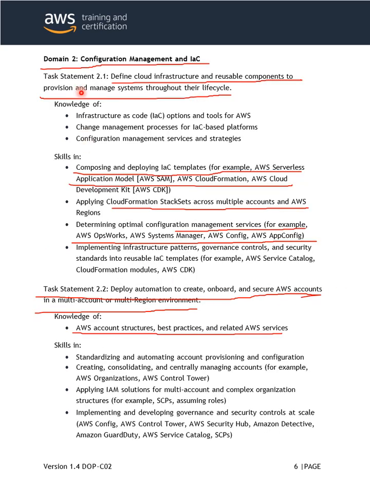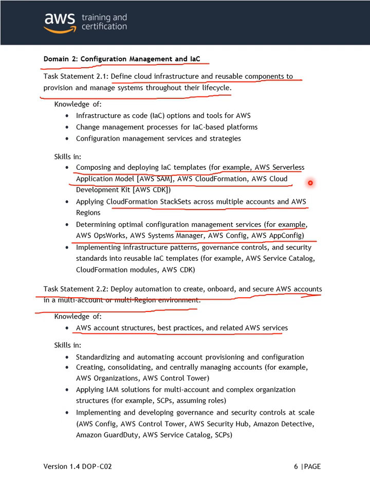Domain 2, it says configuration management and IaC. So there are different statements or tasks which AWS wanted to check for a candidate's knowledge. Define cloud infrastructure and reusable component to provision and manage system throughout the life cycle.